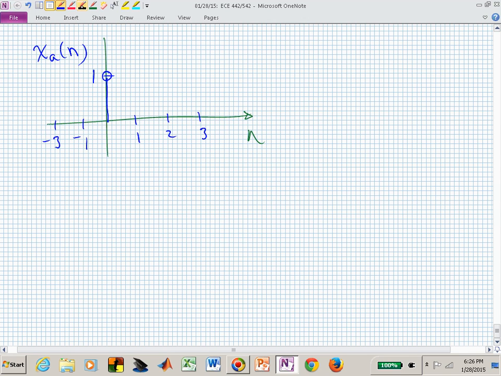We can apply the definition. This will be capital X sub A of z. That's this infinite sum from 0 to infinity of x sub A of n weighted by z to the minus n, where z is a complex number.